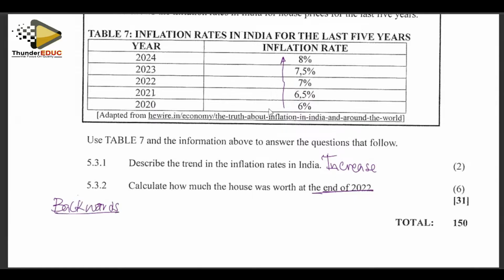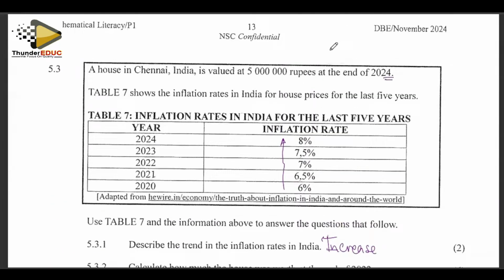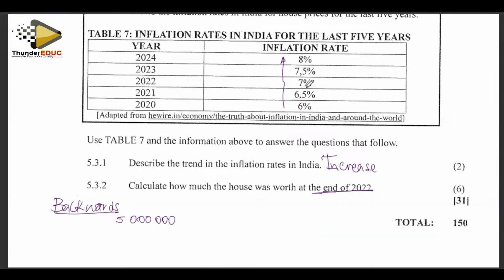How do we work backwards? I'm going to show you. So in 2024, the house was worth 5 million. But remember, it had increased by 8. So we need to reduce it by 8. So we divide by 1,08. So the answer becomes what?